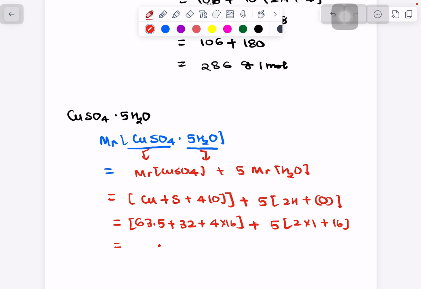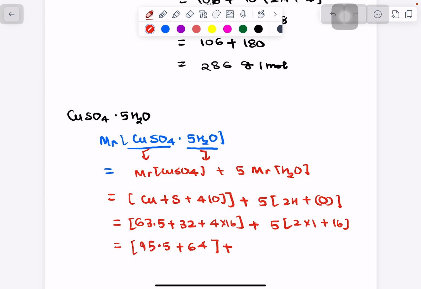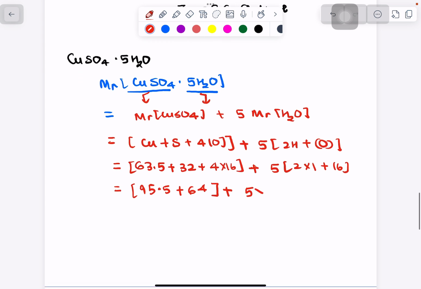So 63.5 plus 32 plus 64 gives 159.5, plus 5 times 18, which is 90, and then you add them together.